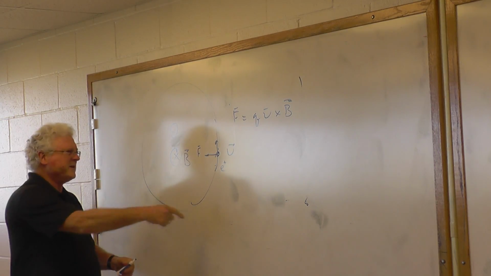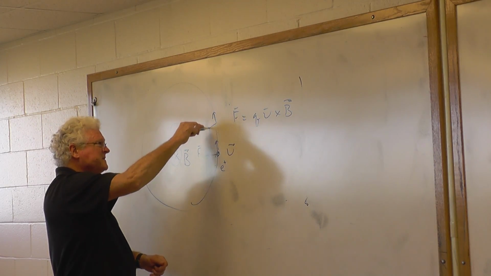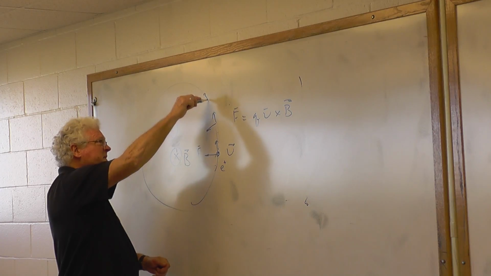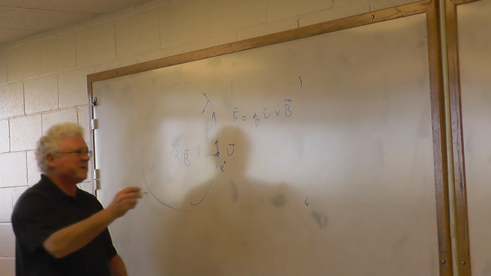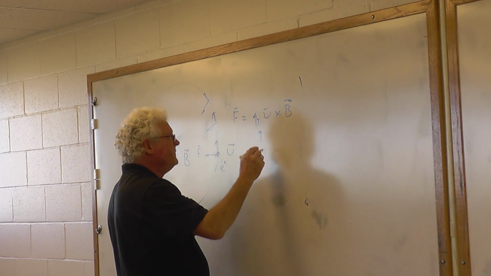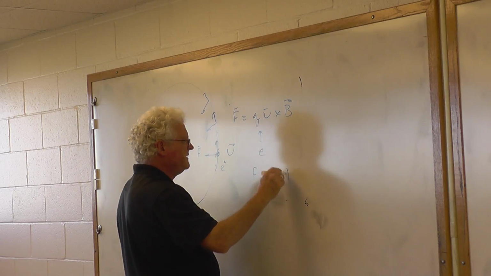And then of course that force keeps changing because the velocity keeps changing, so you get this cyclotron motion. Let's suppose that Q is equal to E. Everything's perpendicular, so the magnitude is just EVB.